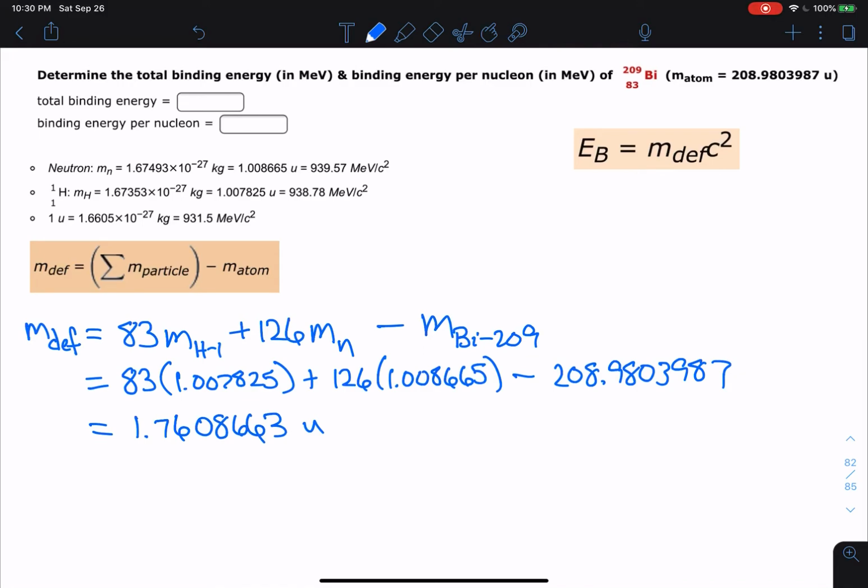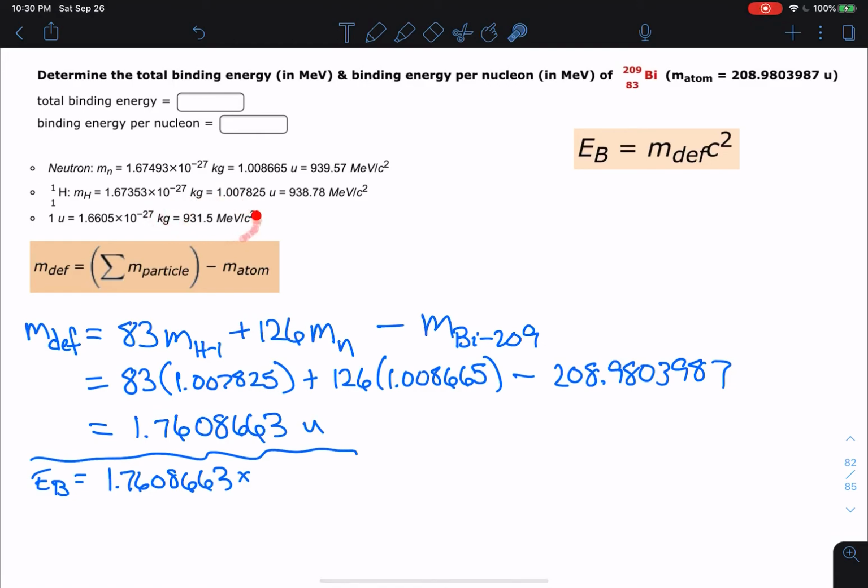Now I need to find the binding energy. To do that, we've got E_B equals mc squared. My mass defect is 1.7608663, and I'm going to convert it into mega electron volts per c squared. This is a wonderful unit to use, as you'll see in just a minute.